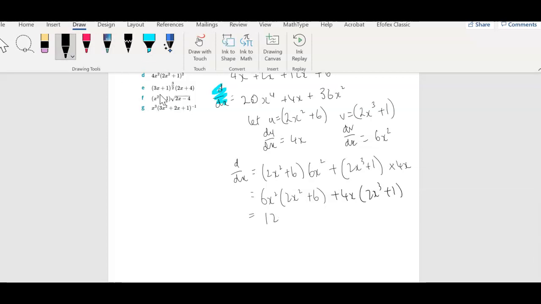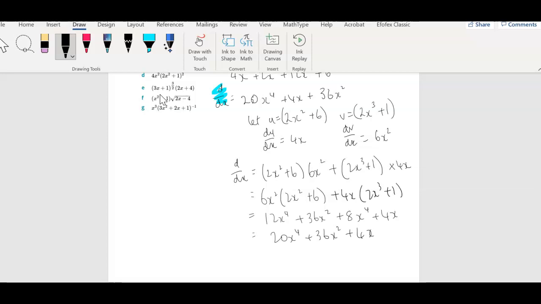All right, so 12x to the power of 4 plus 36x squared plus 8x to the power of 4 plus 4x. All right, so let's just tidy that up. So I'm going to have 20x to the power of 4 plus 36x to the power of 2 plus 4x. And you can see we get the same thing.